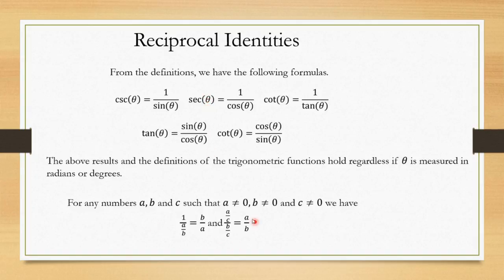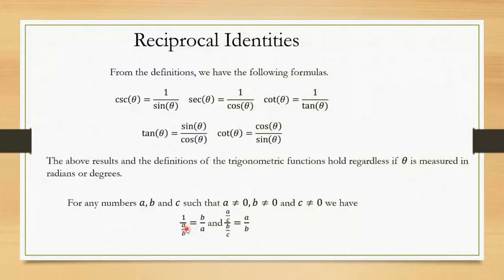Now, I threw this in here also. I figured it would help with the algebra. Generally, if you have 1 over a fraction, you end up flipping the fraction. You invert it. So 1 over a over b is b over a.